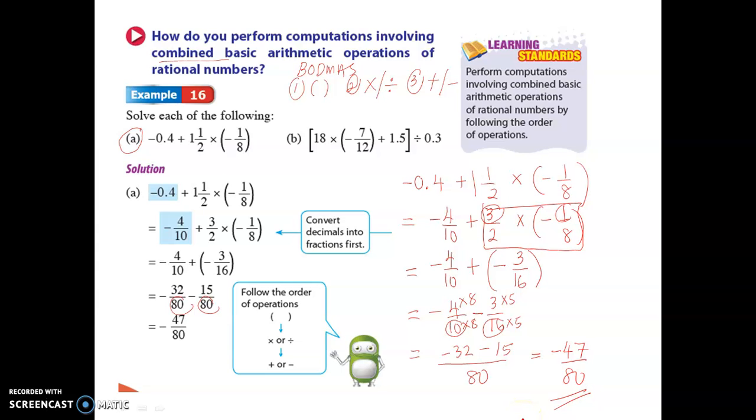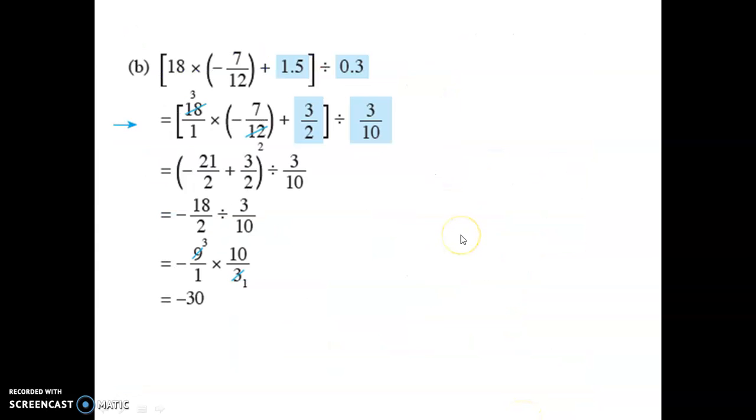Alright, so we look at another example. These are rational numbers. The same thing, you have to convert everything into fractions. So 18 will become 18 over 1, times negative 7 over 12, plus 1.5.